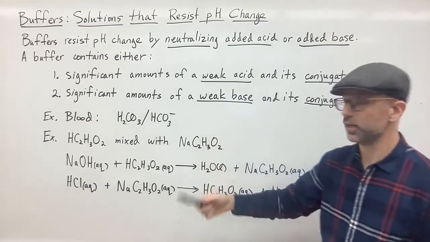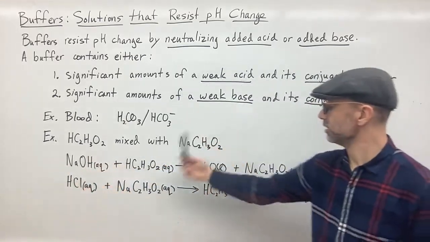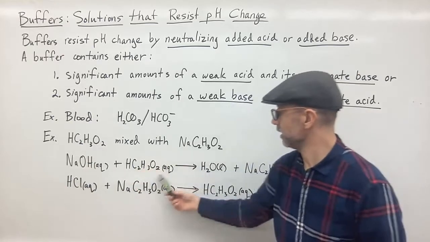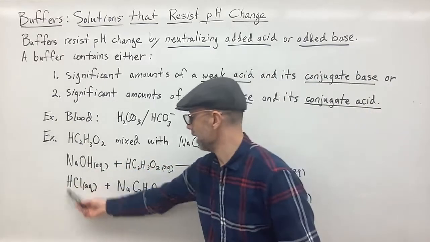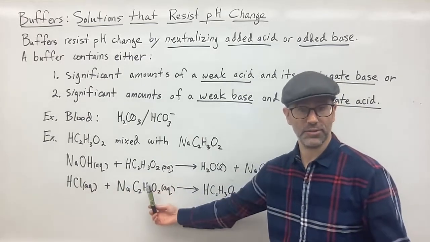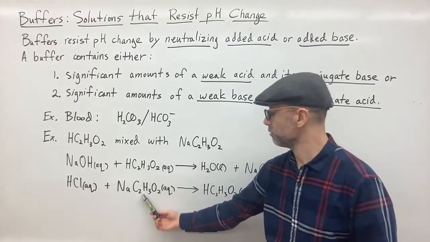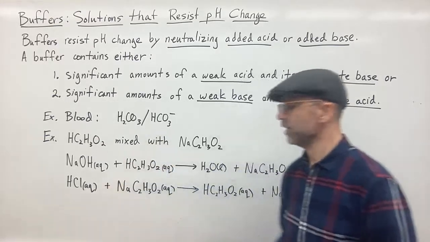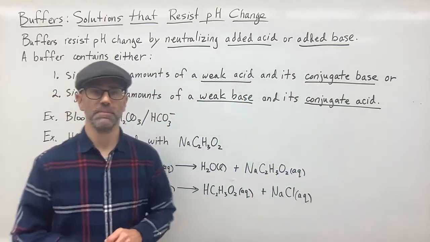When you add a base, the acid in the buffer will neutralize the base, and if you add an acid, the conjugate base in the buffer will neutralize the acid and therefore keep the pH consistent.